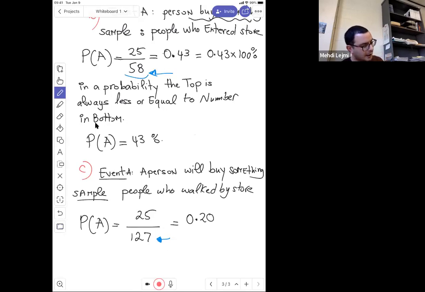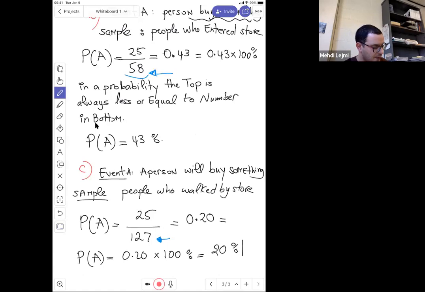Converted to a percentage, that's 0.20 times 100%, which is 20%. So the probability that a person who walked by the store will buy something is 20%.